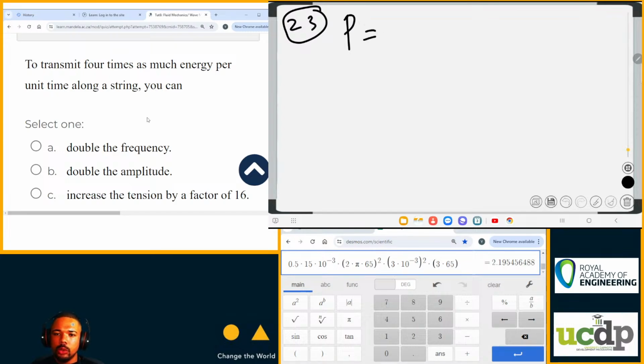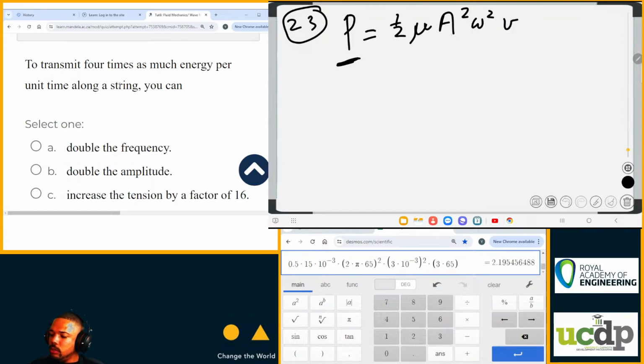P is equal to a half mu alpha squared angular frequency squared times velocity.